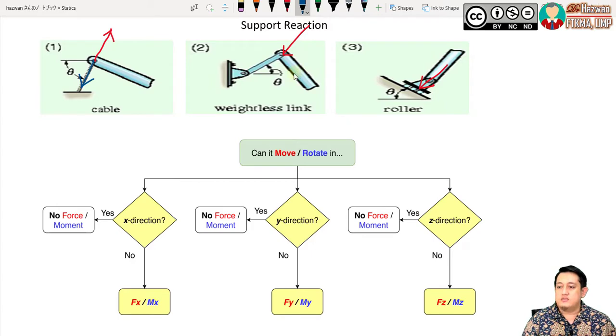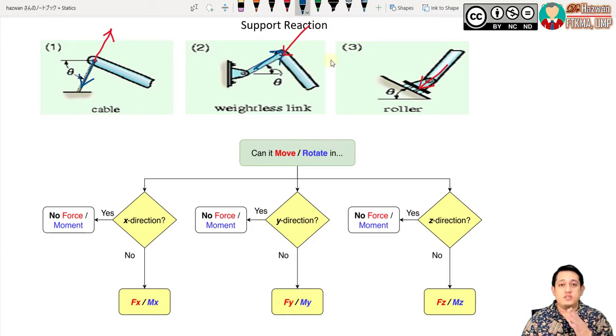Next one, this weightless link. If we put a force in this direction, can this thing move or not? Cannot. So cannot means that we will have a reaction force. The reaction force must be in the opposite direction to this one, so the reaction force is pointing upwards.